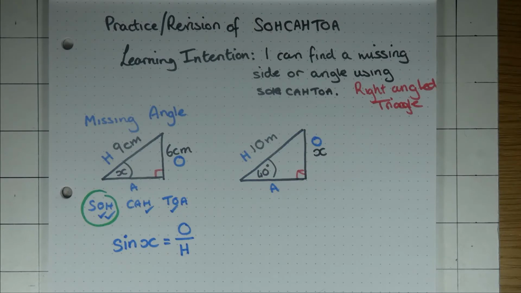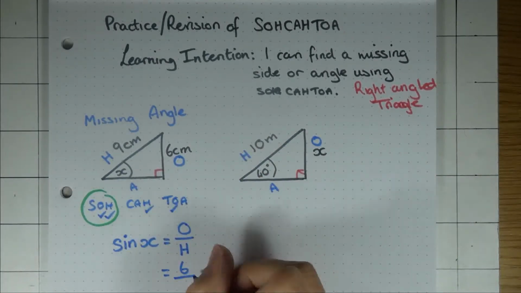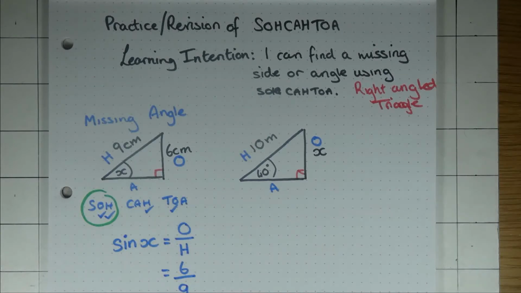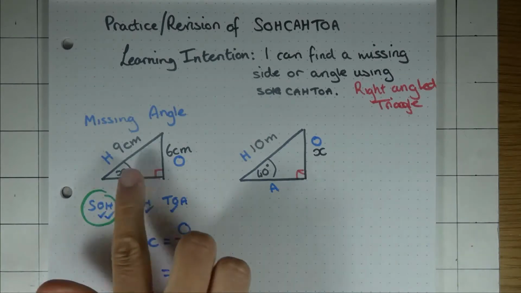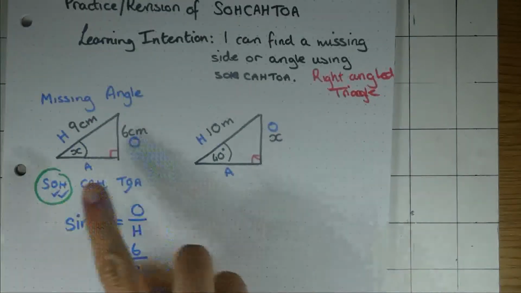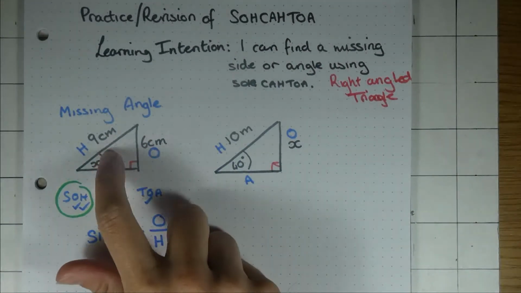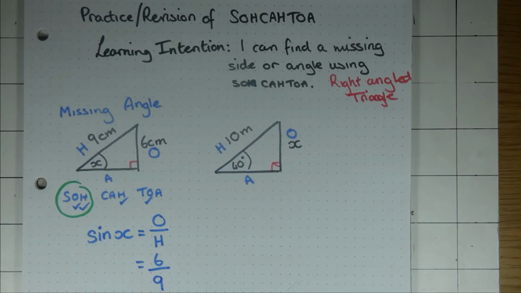Substitute in our information. So the opposite was 6, the hypotenuse was 9. It is important that these are both in the same unit. So we can't have it if one's meters and one's centimeters, because this is all about a ratio, and a triangle with 9 meters as a hypotenuse is going to look really different from the triangle with 9 centimeters as a hypotenuse.